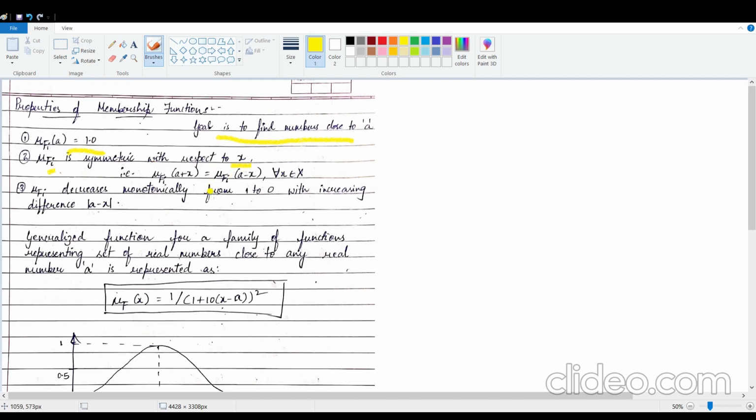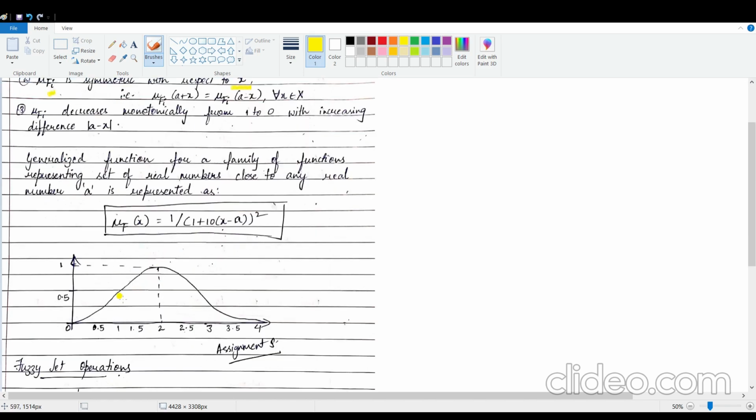If we have a graph like this, where x is, let's say, 0.5. 2 is where my A is. So this is my A. And let's say my x is 0.5. If I map 0.5 on this, from 2, if you go left, 0.5 occurs at 1.5.